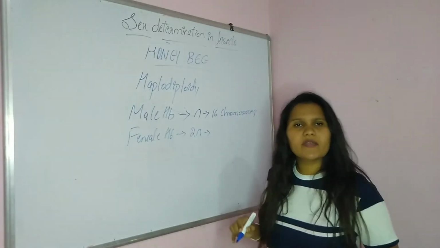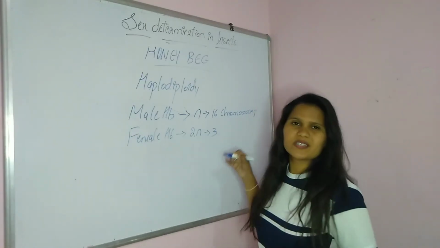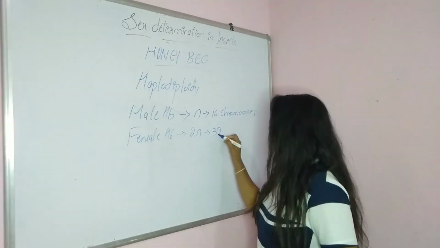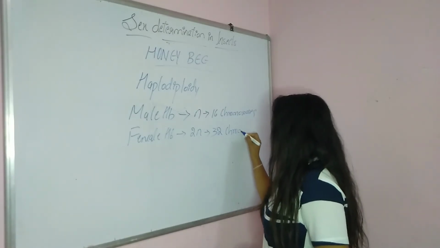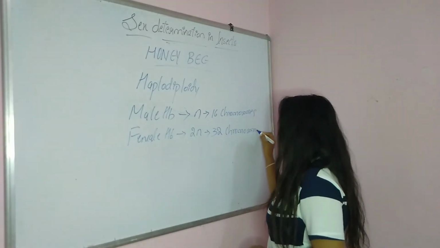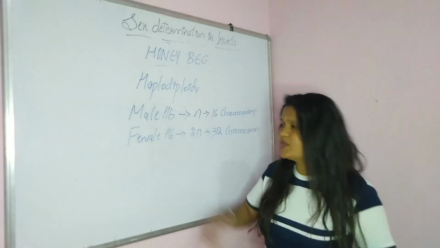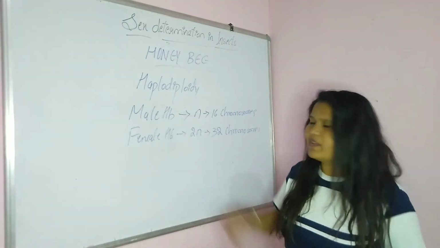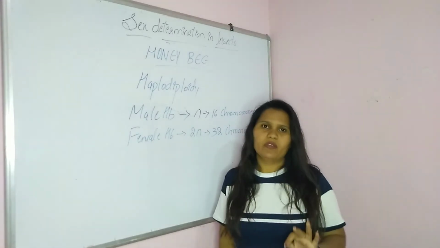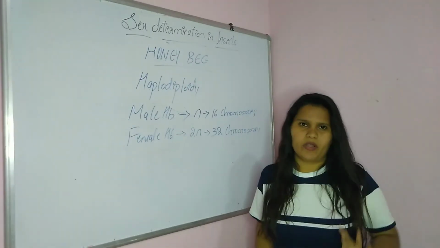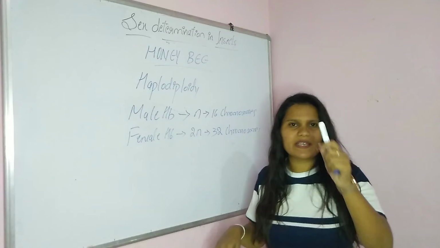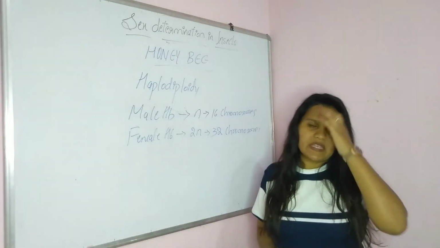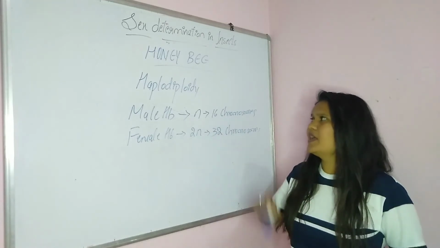In the sense she will be having the 30 or 32 chromosomes. Okay, so that's why it is called as the haplodiploid, because the male will be having the haploid and the female will be diploid, because the male will be having less chromosomes or half the chromosomes compared to the female. Is this clear? So it is called as the haplodiploidy.